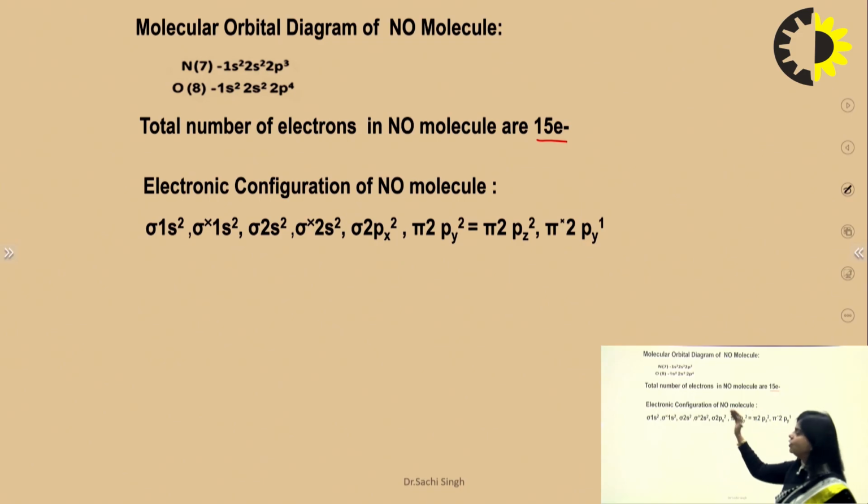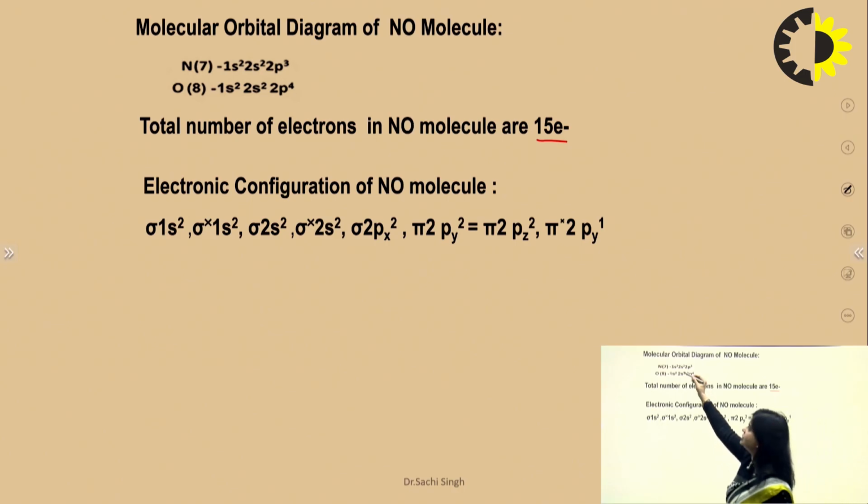In the case of NO, nitrogen 1s2 and oxygen 1s2, so in the 1s orbital the total number of electrons is 4. The 1s orbitals combine to form sigma 1s and sigma star 1s. 2s combine to give sigma 2s and sigma star 2s. 2p combine, and now it is case second.